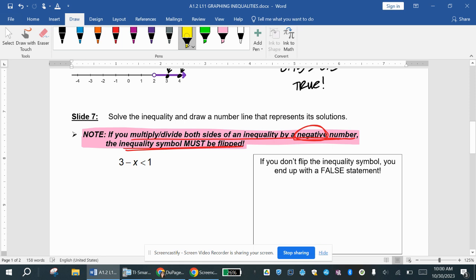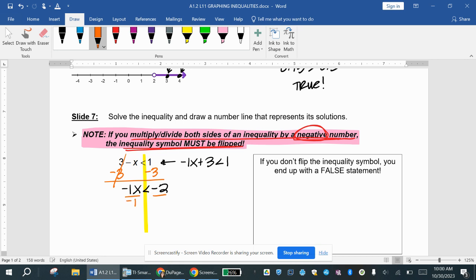So let's take a look at this example. This is the same as -1x plus 3 is less than 1. Just so you guys know. You see how the x is negative and the 3 is positive? So if I get rid of the 3 first, I'm going to be left with negative 1x is less than negative 2.